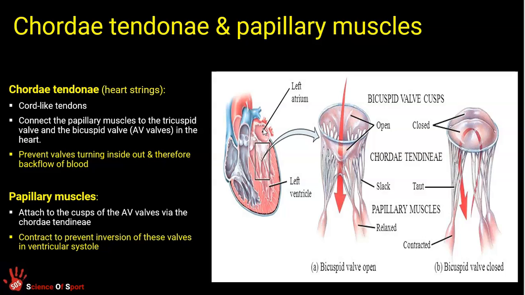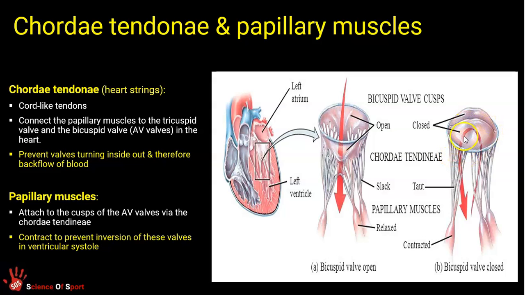Now, the way we prevent that happening is that the blood is stopped going into the left atrium by this valve shutting closed. And even though blood will push these cusps shut, what stops these cusps basically flapping this way and allowing blood to go in reverse is that these papillary muscles contract and create tension in the Chordae tendonae and stop them.